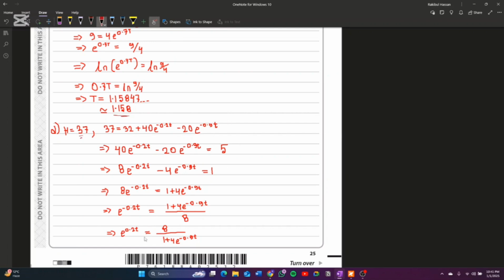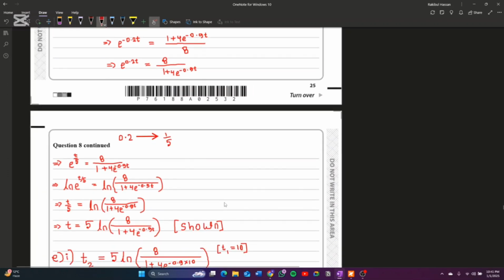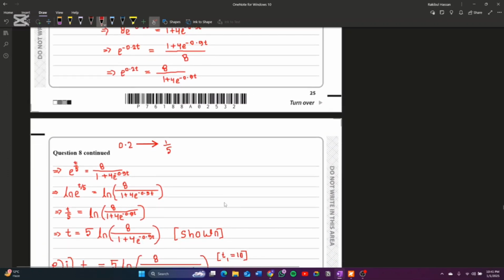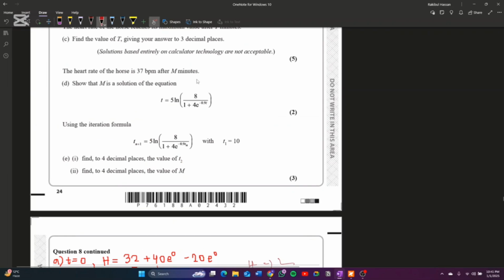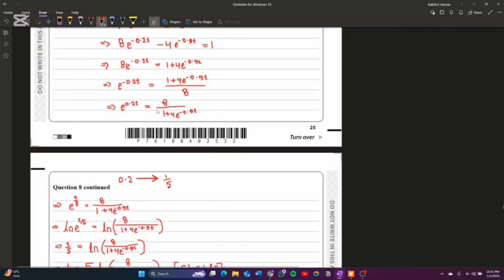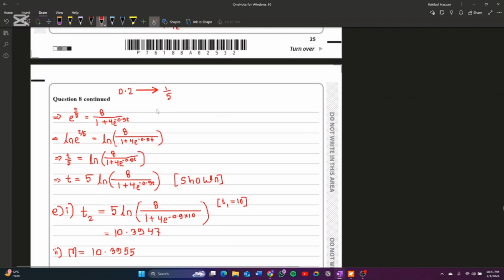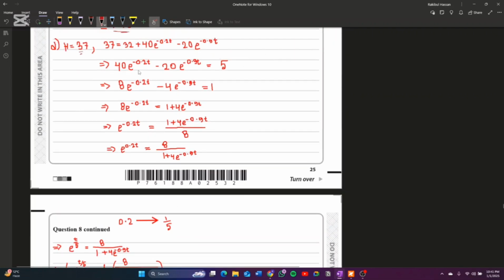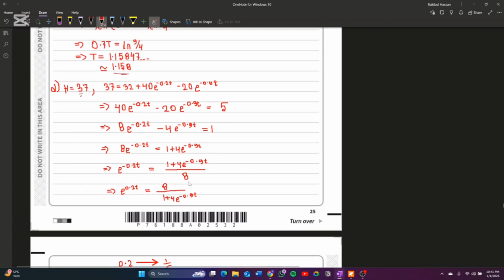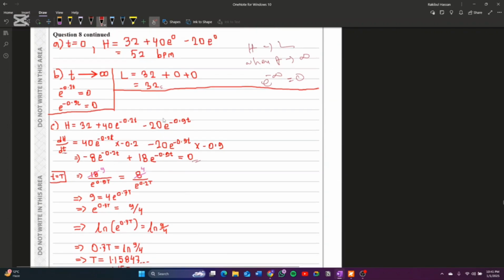If we simplify further, making t the subject since we have to show this, solving gives us this equation. You can look further into these lines of simplification. These are pretty easy to understand.